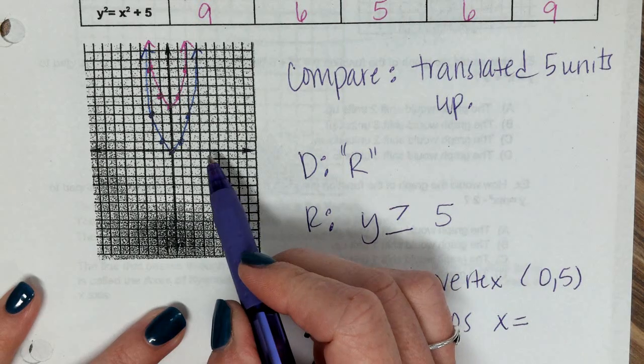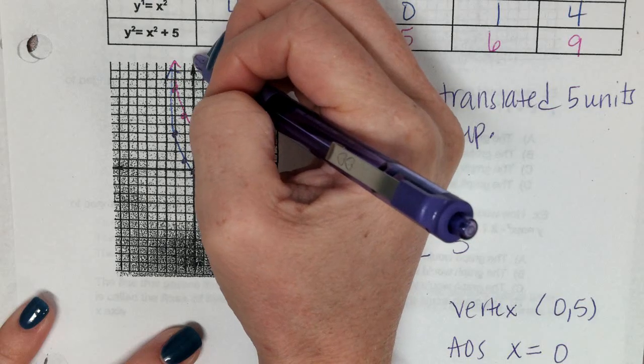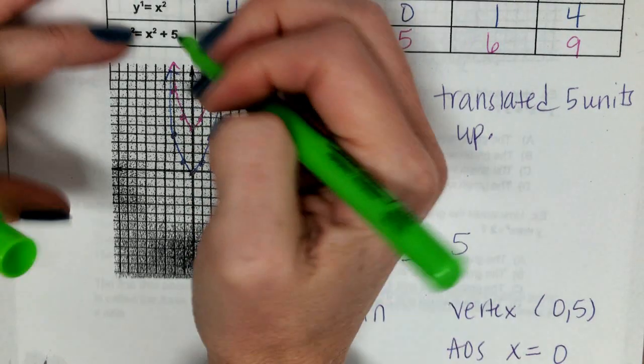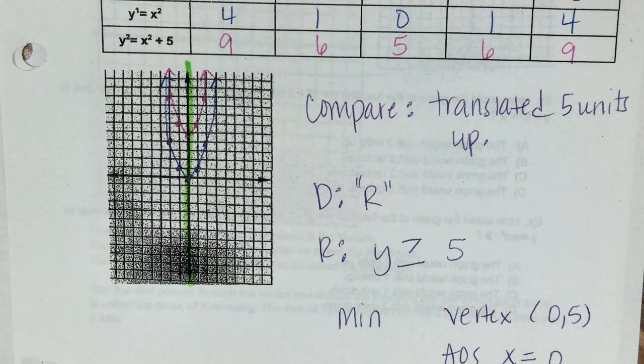Guys, x equals 5 is over here. X equals 0. Why? Look right here. I'll use my highlighter. It's passing through the x-axis at 0. The 5 is the y-intercept. It has nothing to do with the axis of symmetry. Okay? Do y'all understand the difference?